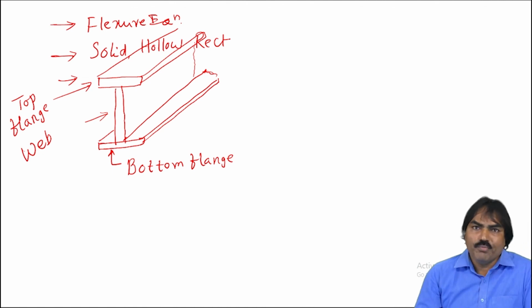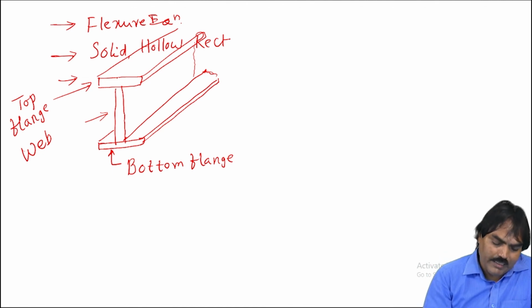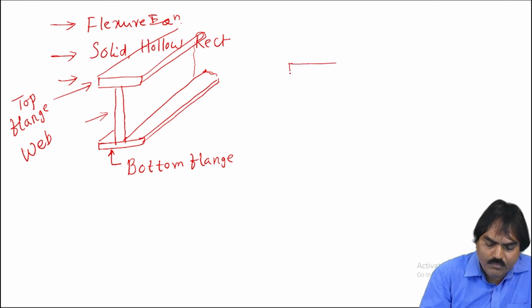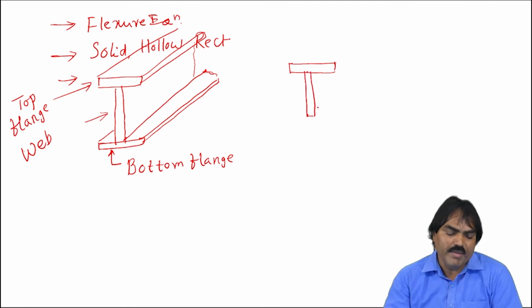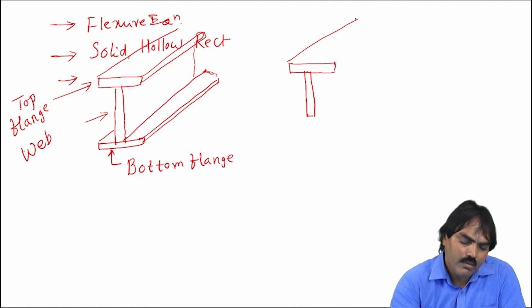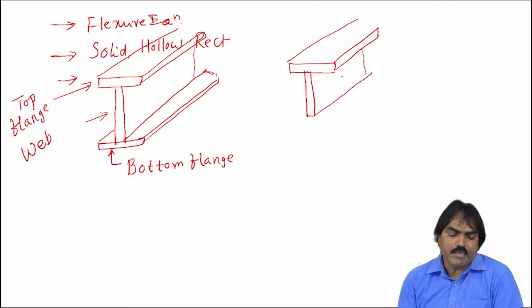Now, if I change the flange orientations, suppose I remove the bottom flange, the beam looks like this. This is called the T section.